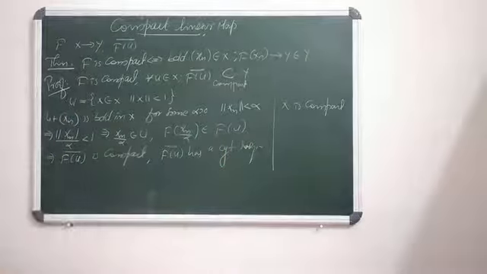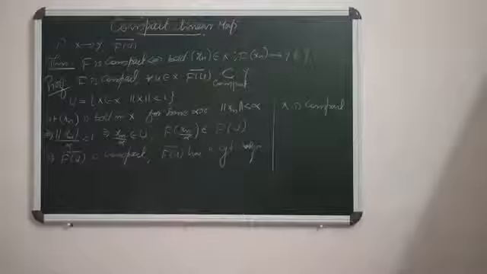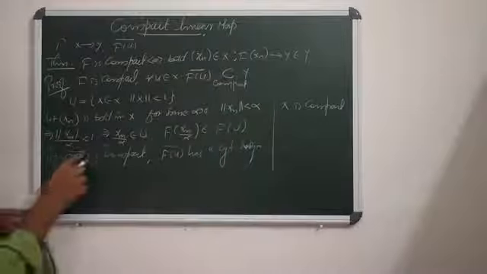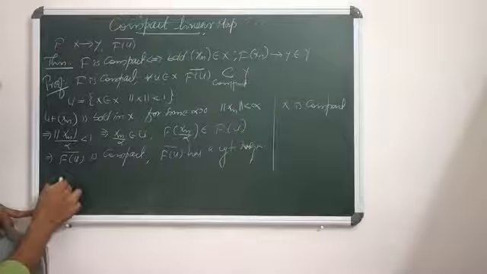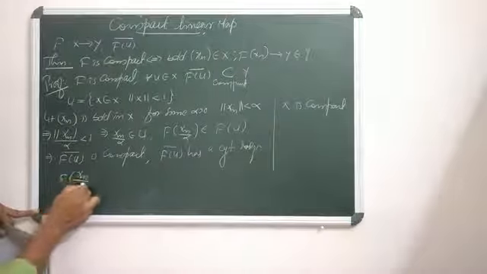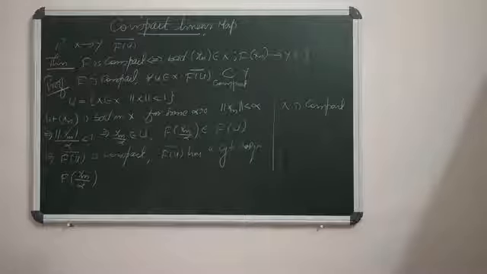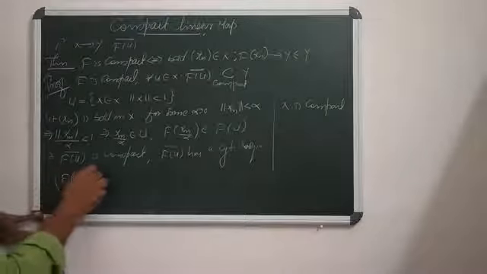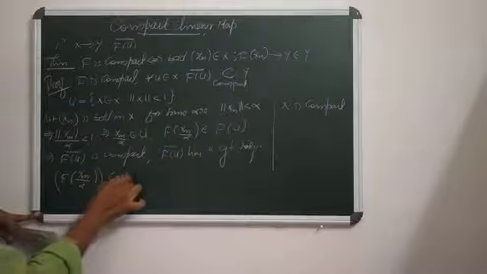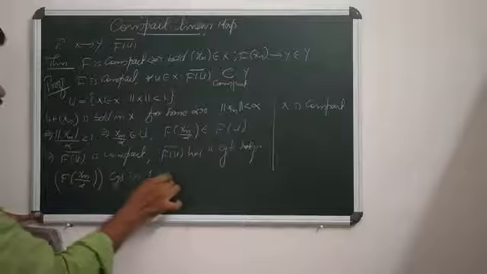But f of xn by alpha falls in f of U. Therefore, every subsequence of f of xn by alpha converges in f of U closure.